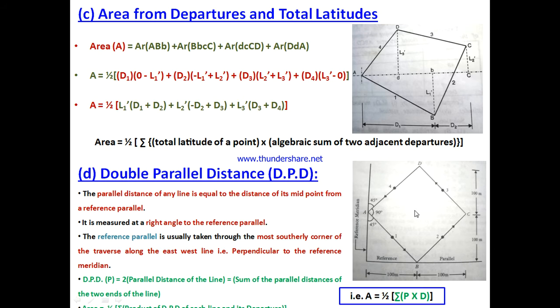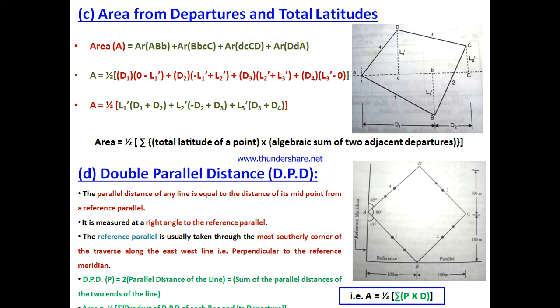Similarly the line from D to B, and similarly the line from A to B. This reference parallel is always perpendicular to the reference meridian, or we can say it is parallel to the reference meridian's perpendicular. So the DPD value will be equal to 2 times the parallel distance of the line, and it will be equal to the sum of the parallel distances of the two ends of the line.